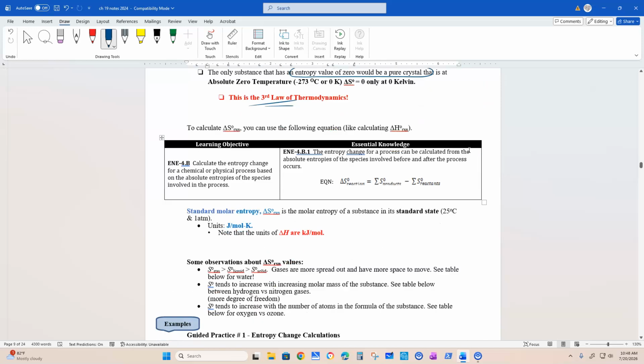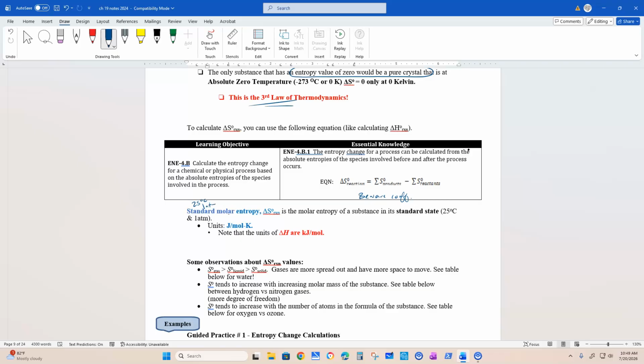So to calculate your delta S probably looks very familiar to you from when you did delta H. We're going to do the products minus the reactants. Beware of coefficients. You've got to take the value and multiply the coefficients out. Standard we know is 25 degrees Celsius, 1 atm.